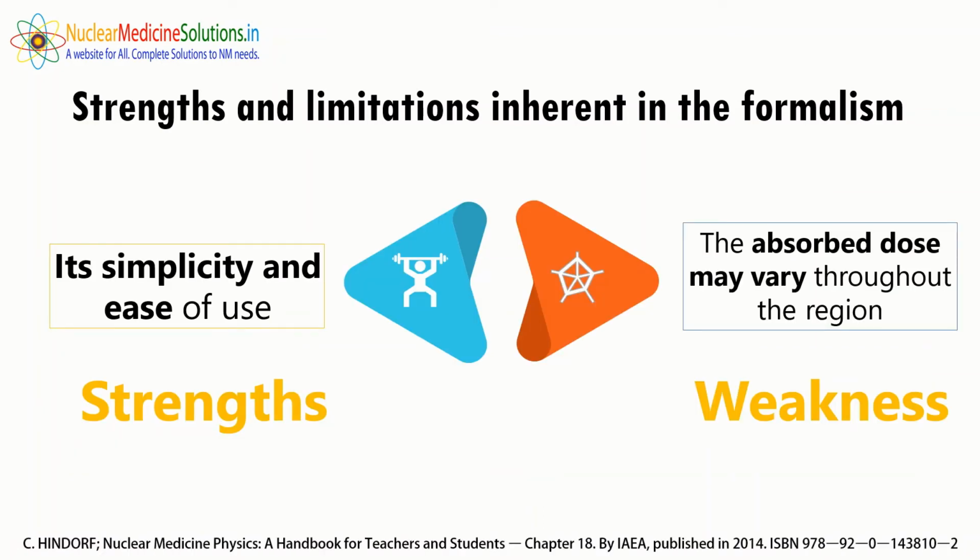The strength is its simplicity and ease of use, and the weakness is that absorbed dose may vary throughout the region, whereas it is considered uniform throughout the region. So there is a chance that there will be a lot of errors in the calculation.